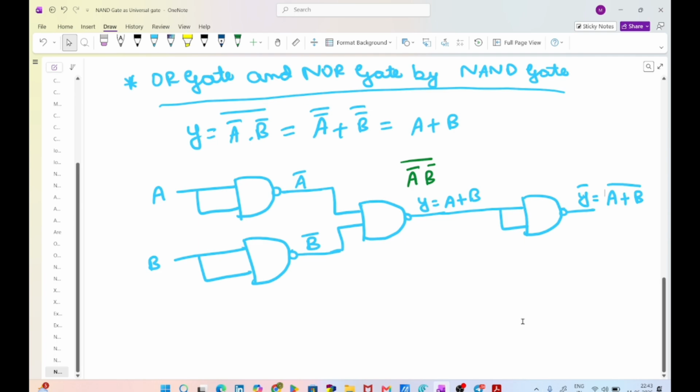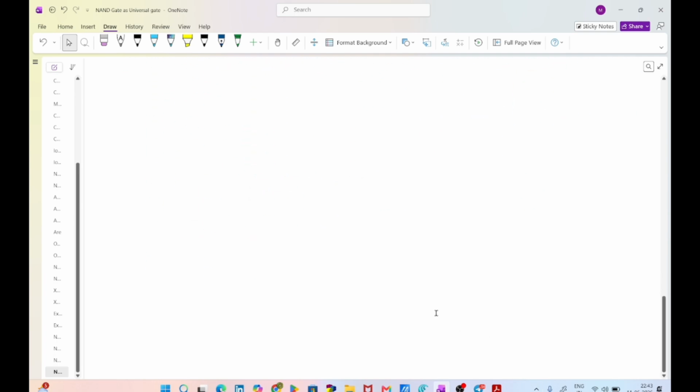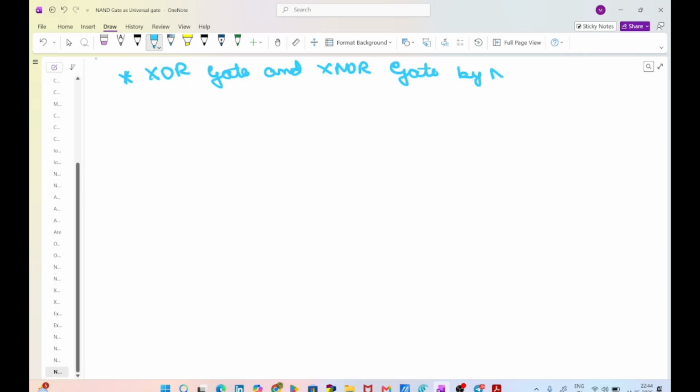Next, let's implement the XOR gate and XNOR gate by NAND gate. First I will write the circuit and then let's discuss.